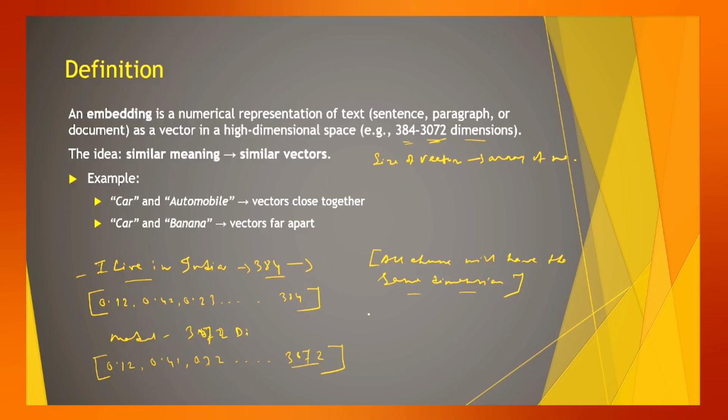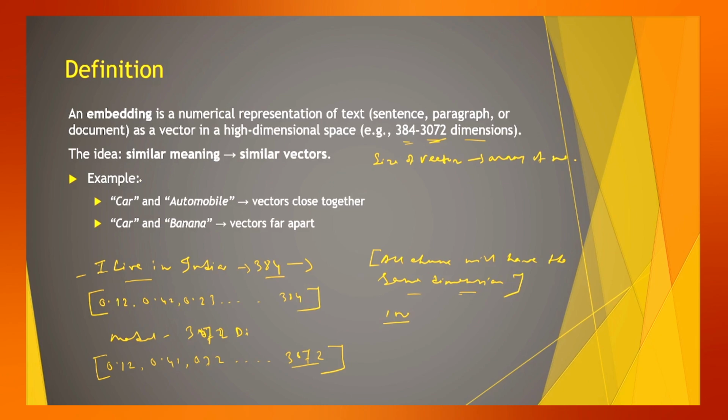So if our document has 100 chunks, all 100 chunks will have the same dimension, whether it is 384 or 3072, whatever it is.